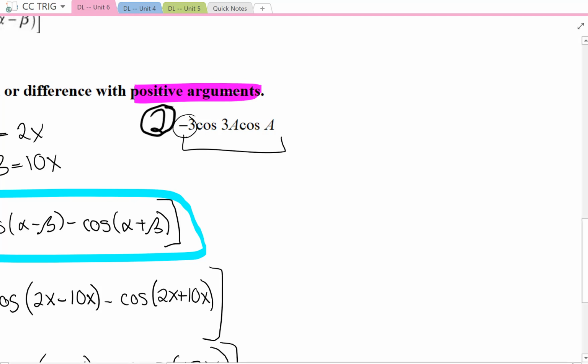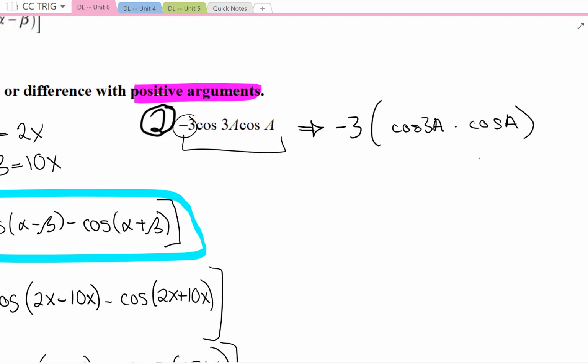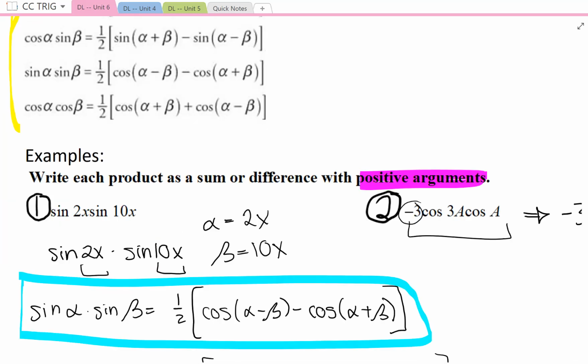Okay, so -3 is being multiplied by this product. -3 times cosine 3a times cosine a. So when you expand cosine 3a times cosine a, or turn it into a sum or a difference, then you will end up multiplying the -3 by that entire sum or difference at the end.